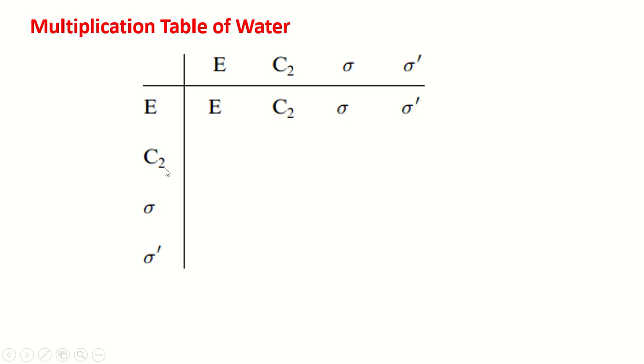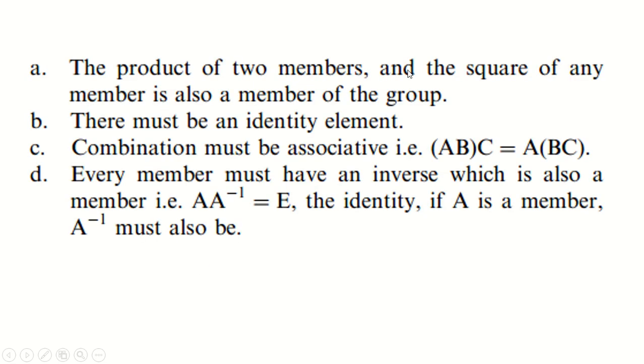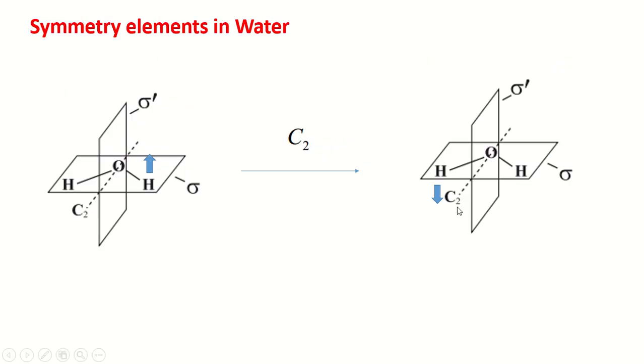Now the last is C2 rotation and then sigma dash. This is the C2 rotation, and what will happen if we apply sigma dash to this molecule?